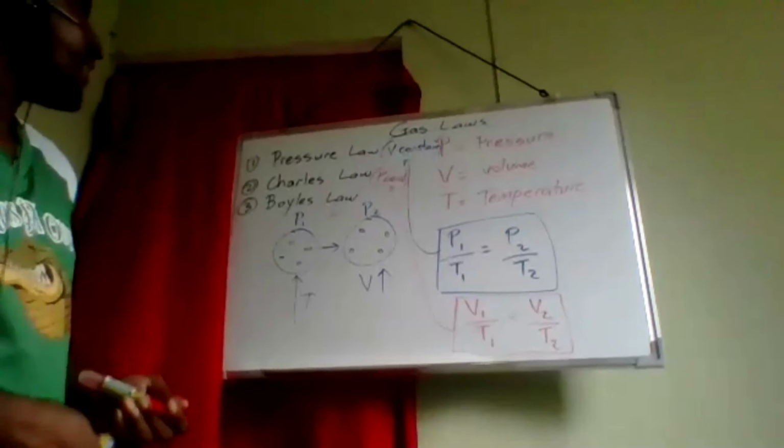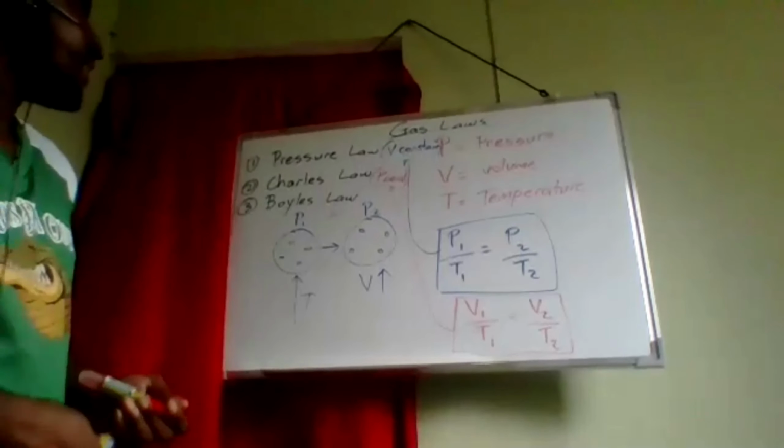Now I can give you something to remember for Boyle's law. So when something boils, especially from chemistry knowledge, the temperature is kept constant. So when water boils, changing from water to vapor, it actually stays at 100 degrees while the vapor is being formed. So that's a constant temperature.